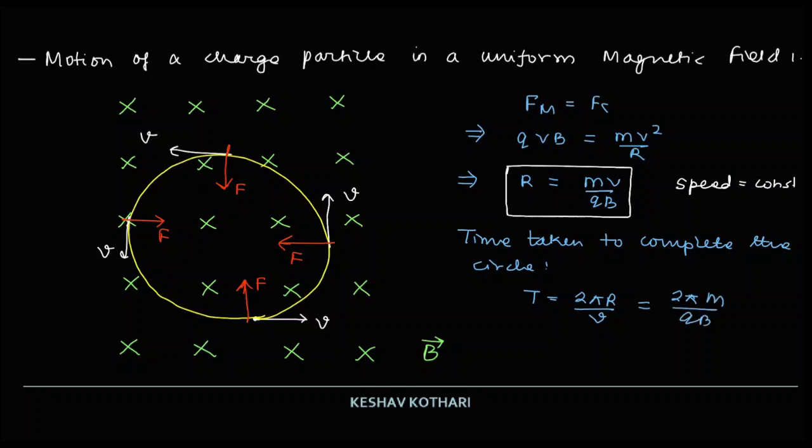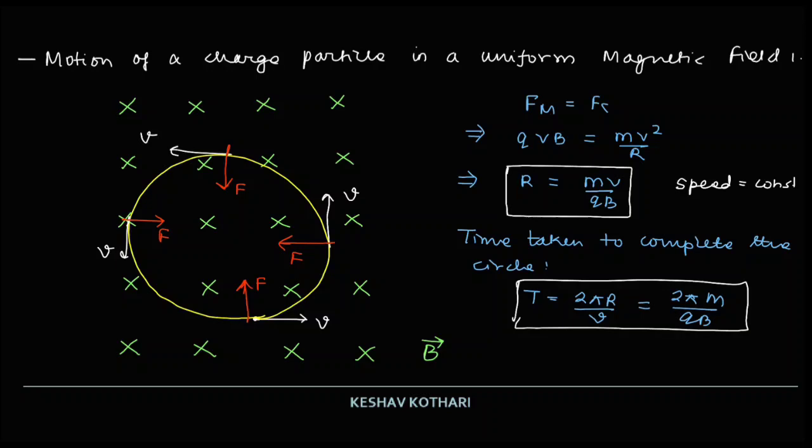This is the time period of the charged particle moving in the magnetic field under the influence of the magnetic field only. We see that the time period is independent of velocity or speed v.